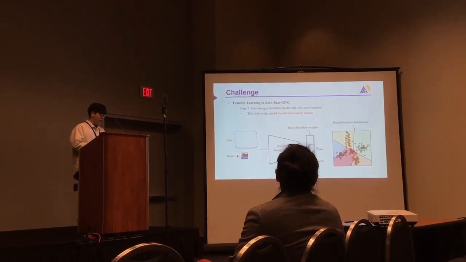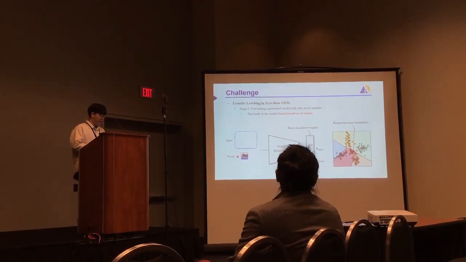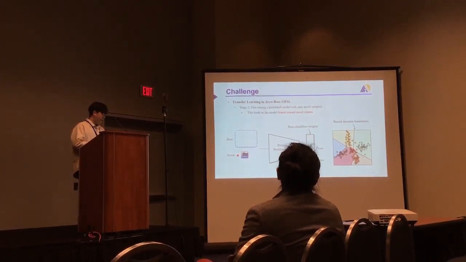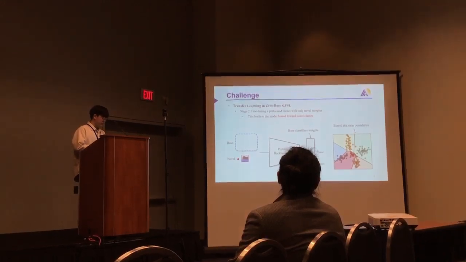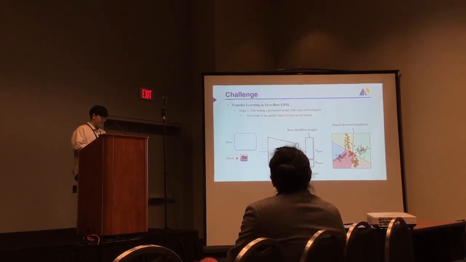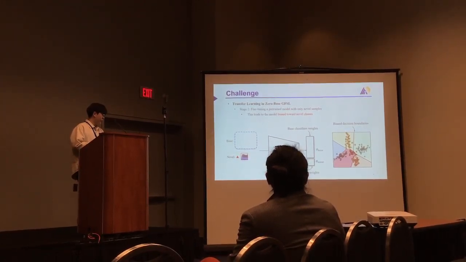But when we fine-tune the model, the decision boundary can change. When we just fine-tune the pre-trained model, we observe that the decision boundary can be highly biased toward novel classes. In the figure, red triangles are the novel classes. You can see that the colored region takes some portion away from the blue region, which used to be the region for the star base classes.